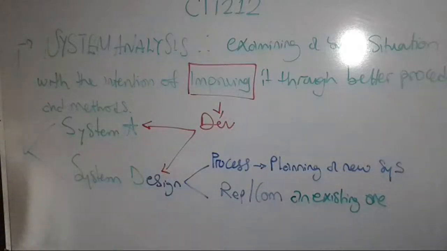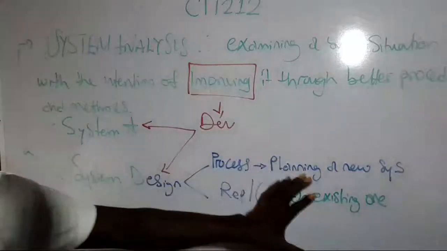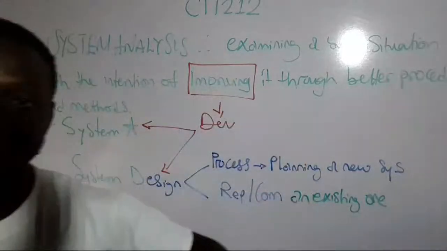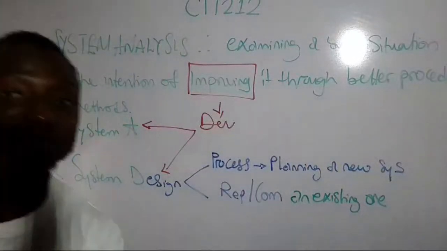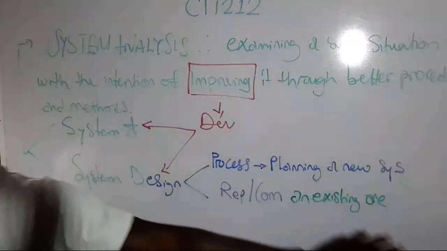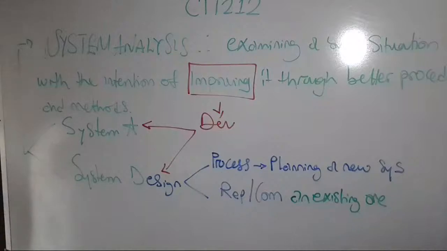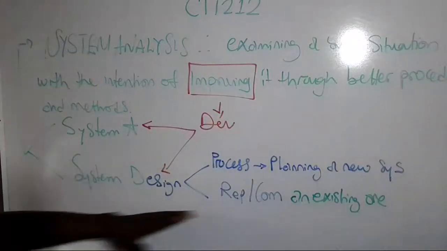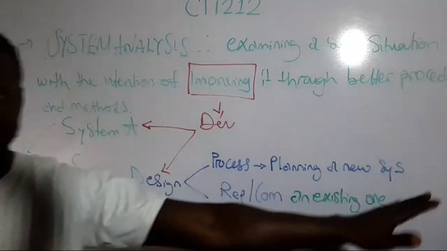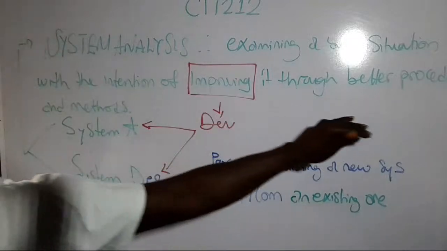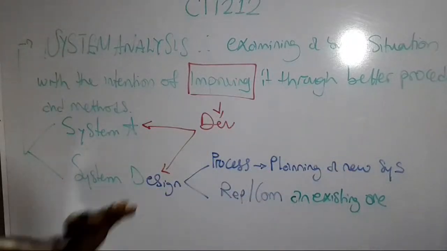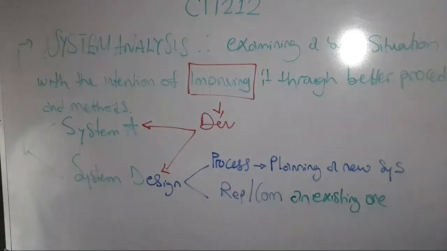When you say system analysis, system design, or system development, speaking from the angle from which we are considering these processes, all of this can't be achieved without the use of computers, in order to make the process and the system effective enough.